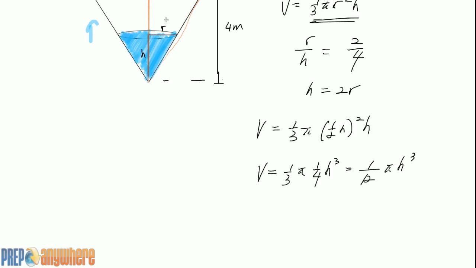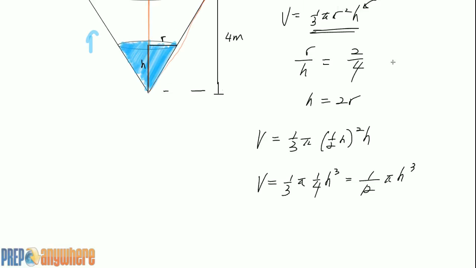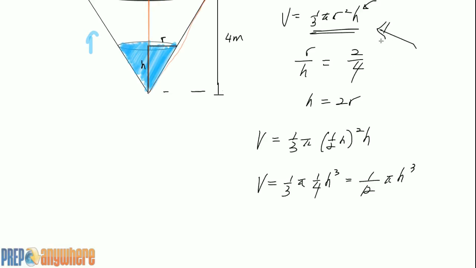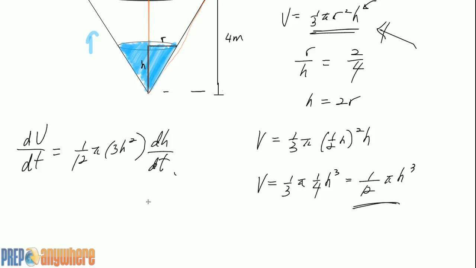Okay, so because of this relationship between r and h, this initial volume equation turned into this one now. Now let's differentiate both volume and h with respect to time. So we get dV over dt equals 1/12 pi 3h squared dH over dt.